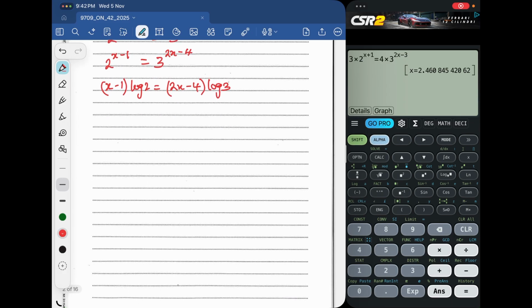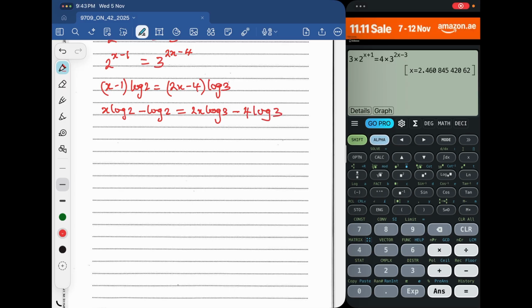Okay, now I can expand the bracket. So this will be x log 2 minus log 2 is equal to 2x log 3 minus 4 log 3. So I'll just bring the x to one side, so I can take this here and bring this here.